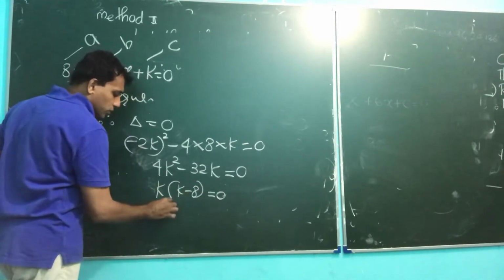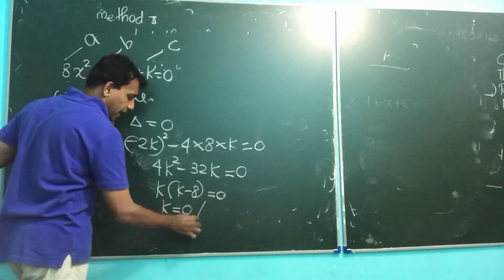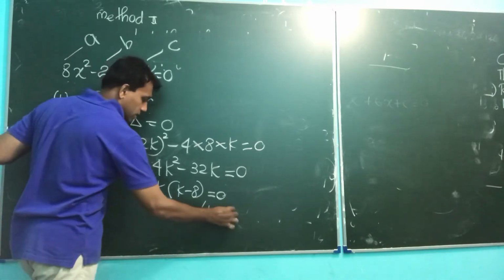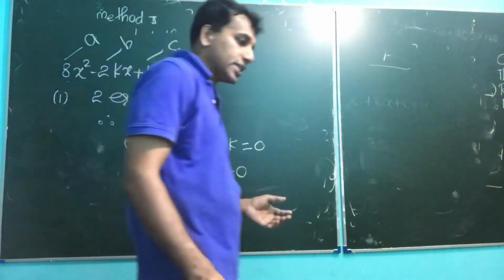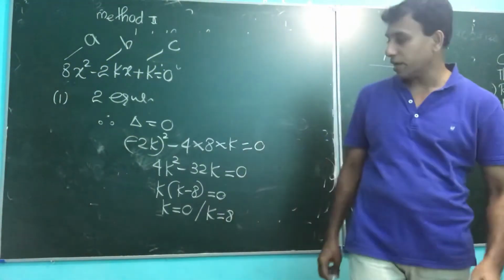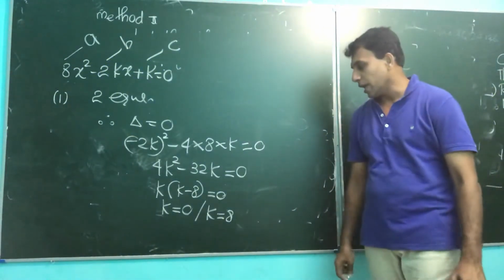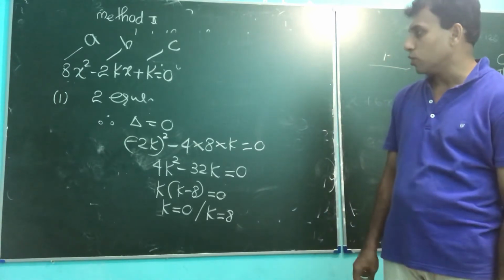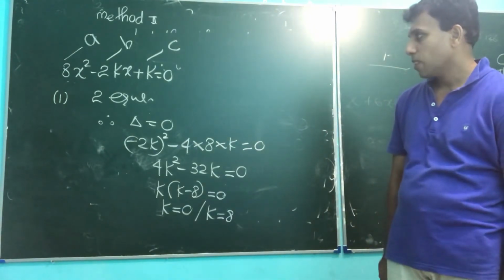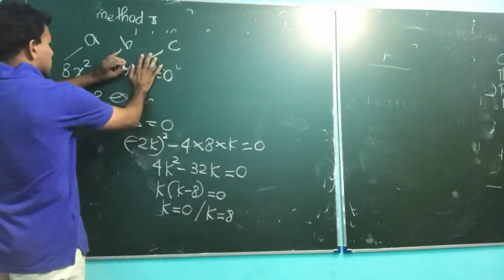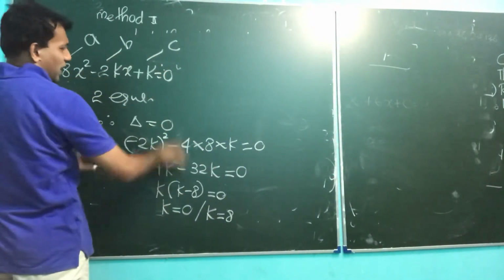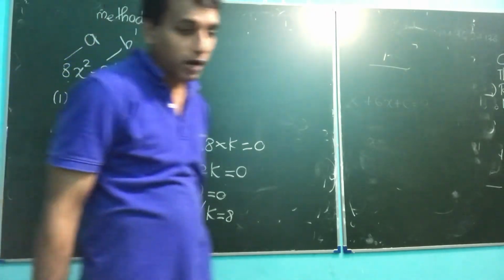Therefore don't miss to say k is 0, and k is 8. Two answers: k is 0 or k is 8. What happened? K comes 0, meaning x square is 0. Okay, and 8. That's the answer for the first part.